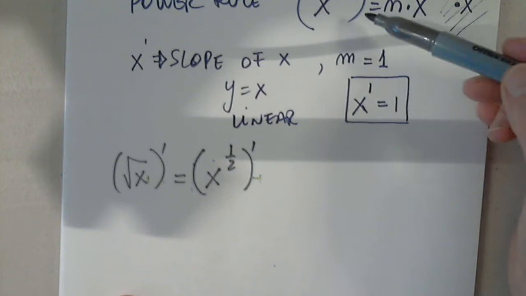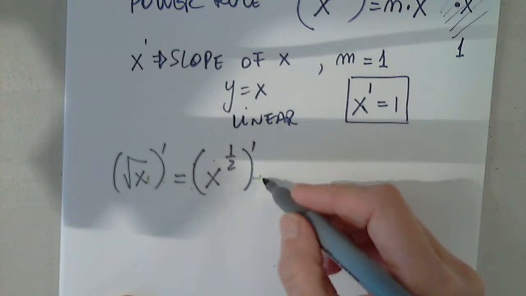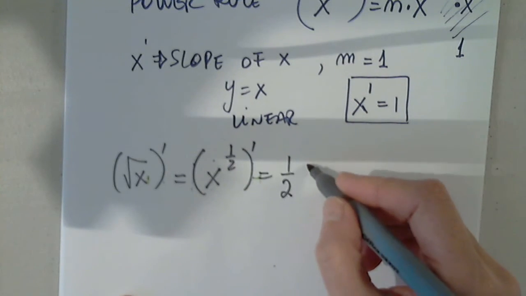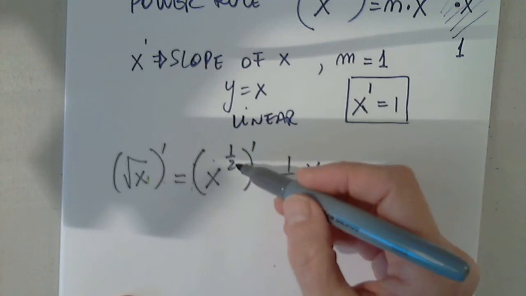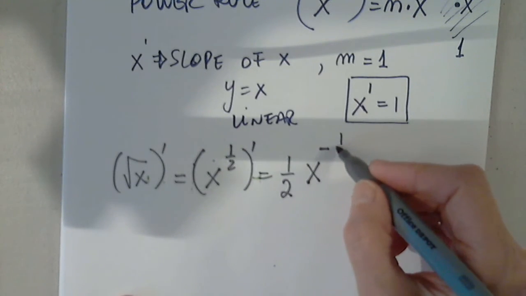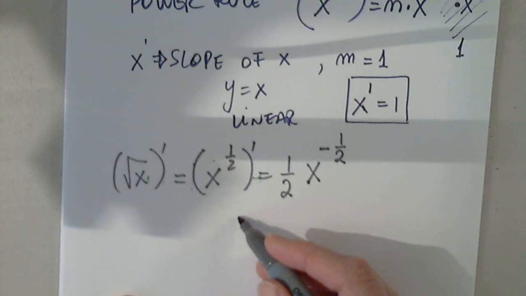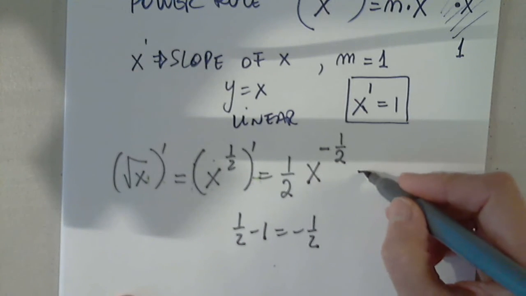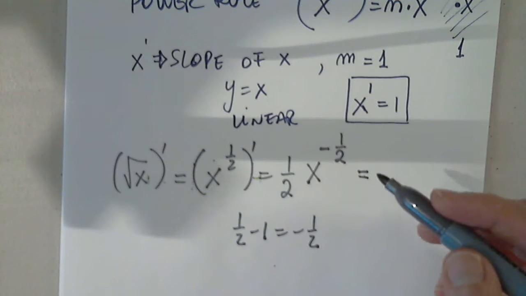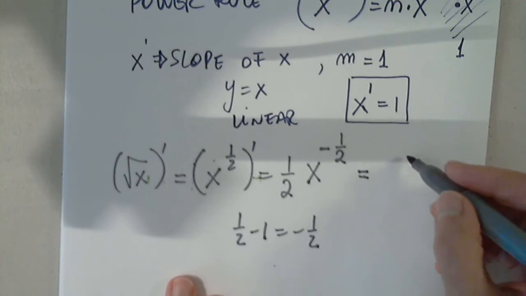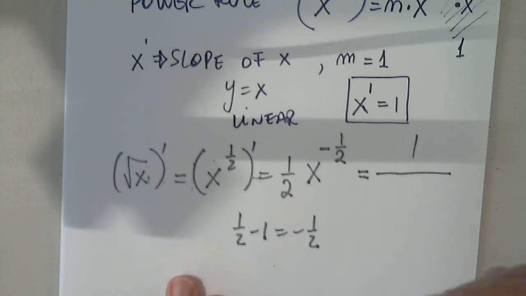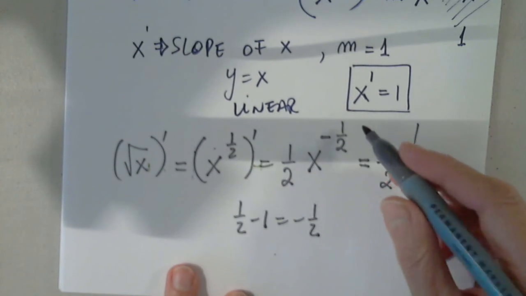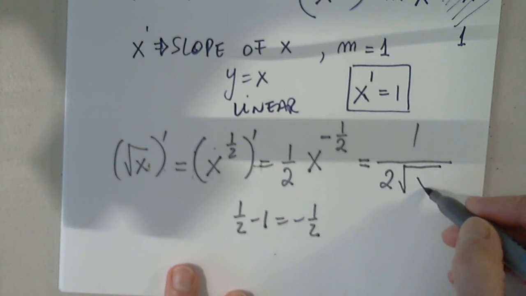And I will have to use the exact same rule. I bring down 1/2, I copy x, I subtract 1 from the power, and I get -1/2 because 1/2 minus 1 is -1/2. If you remember from algebra, we don't like negative exponents in the final answer. So I will write 2 times x to 1/2, but that is nothing else but the square root of x.